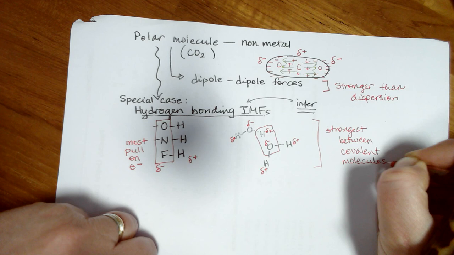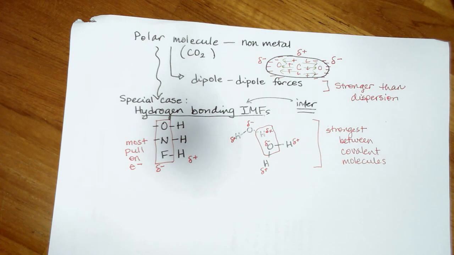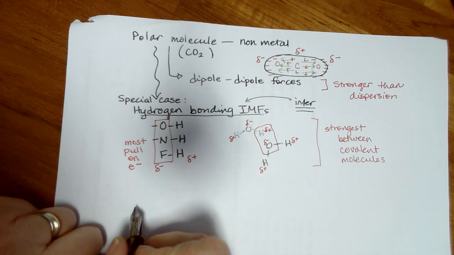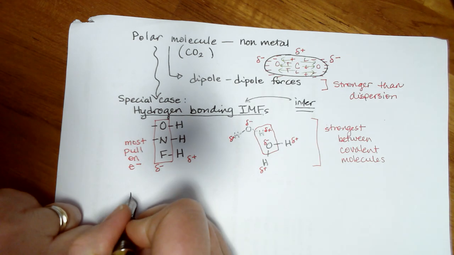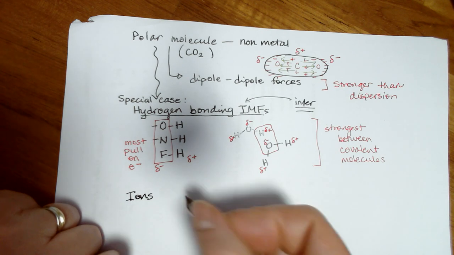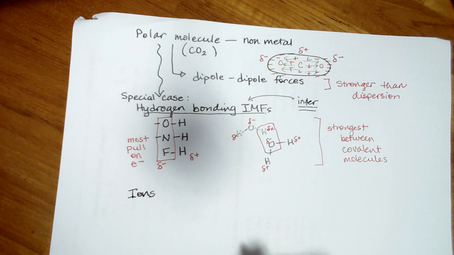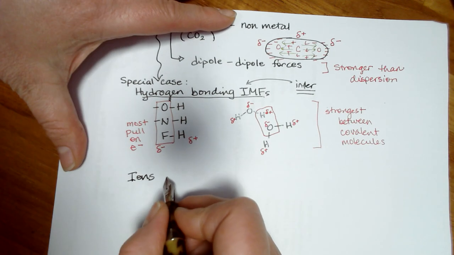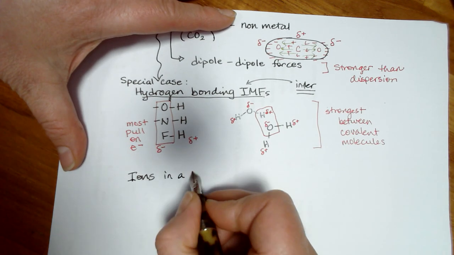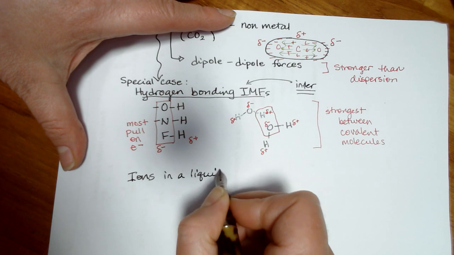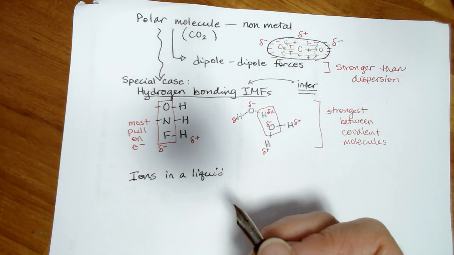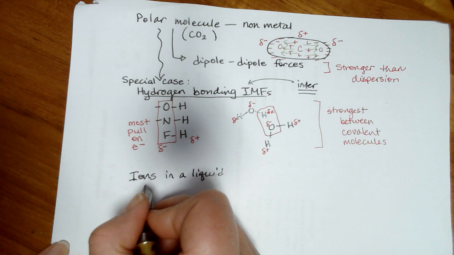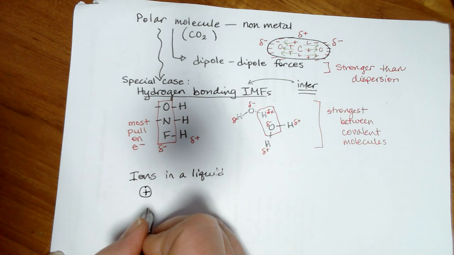But of course we have one more situation that we can talk about, which is where we have ions. If we have ions in a solvent, in a liquid like water or some other kind of solvent that it can dissolve in, then these ions have a positive or a negative permanent charge.